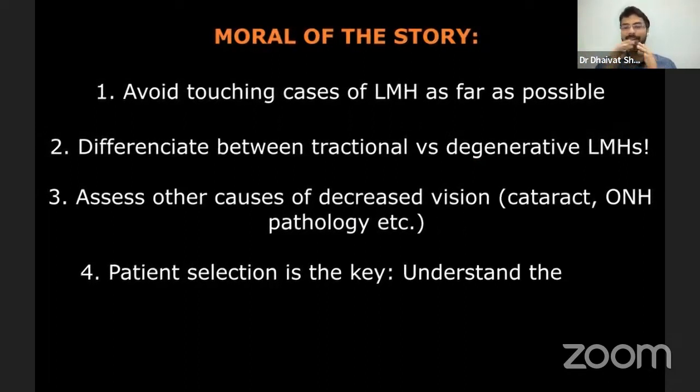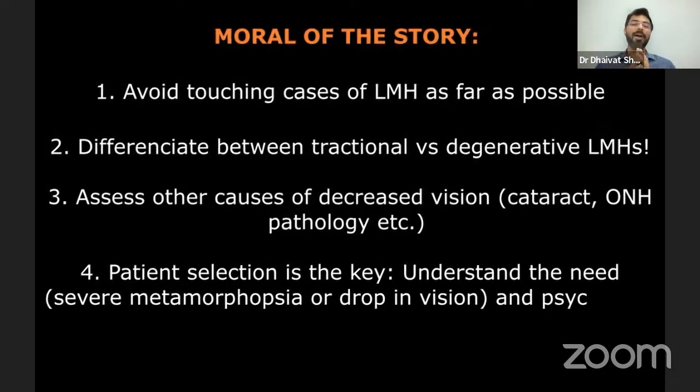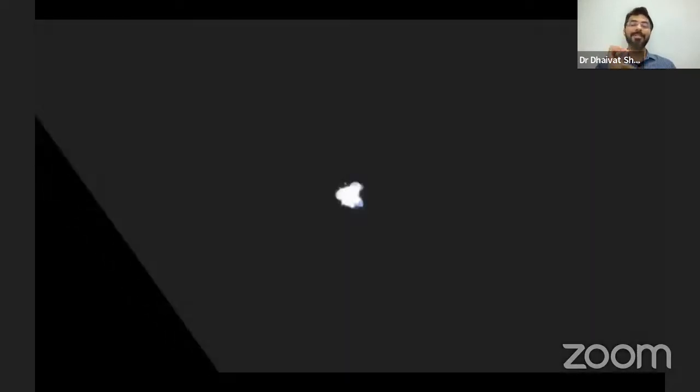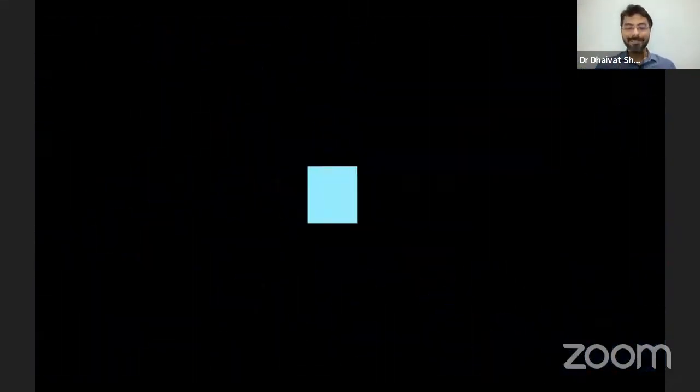So at the end of the day, in a nutshell, I would want to say, whenever you have a case of lamellar macular hole, it's very important to talk to the patient, understand his needs, understand his psychology, and then only advise surgery. Thank you very much.